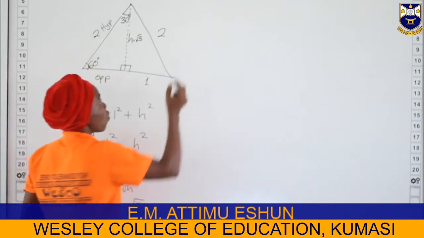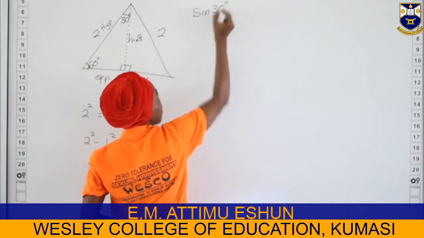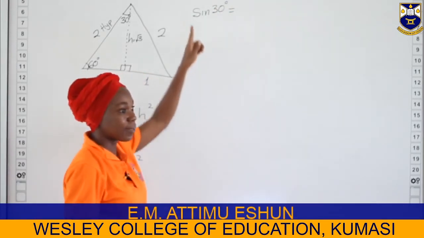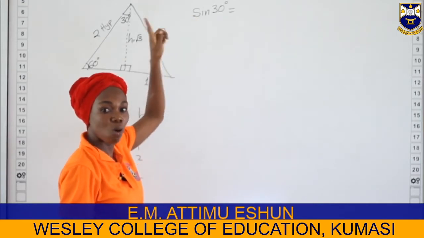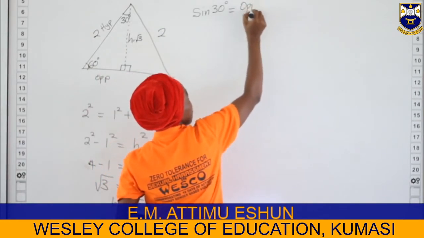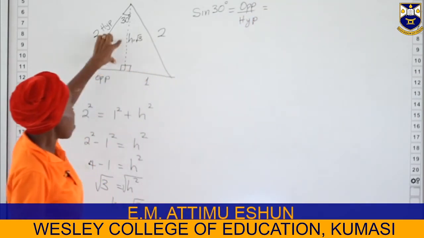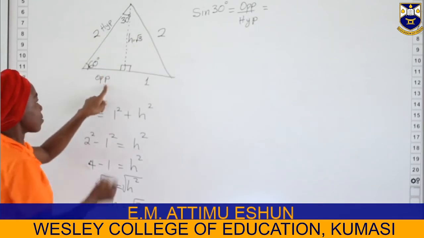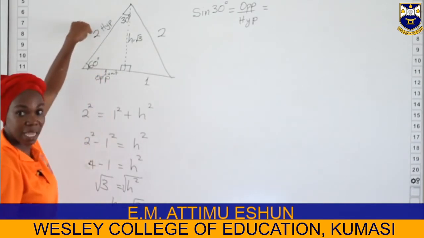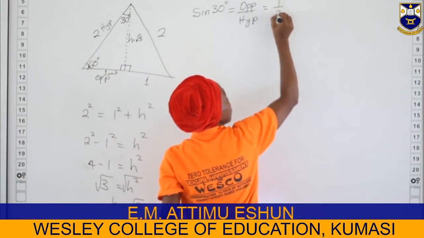With that, we can now go to the trig ratios and find sine 30 degrees. In our previous lesson, we realized sine is a ratio that combines the opposite side and the hypotenuse side. So we go for the values of the opposite side of our triangle and the hypotenuse side. From that triangle, our opposite side is 1 unit. And our hypotenuse side is 2 units. And so we have our sine 30 to be 1/2.